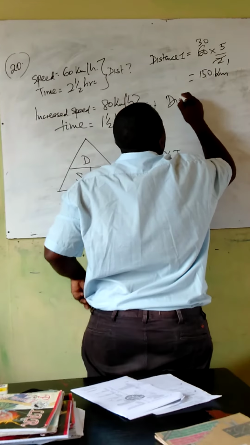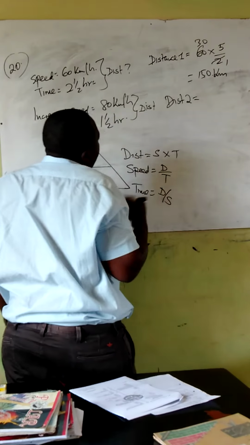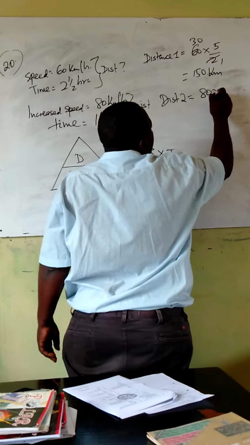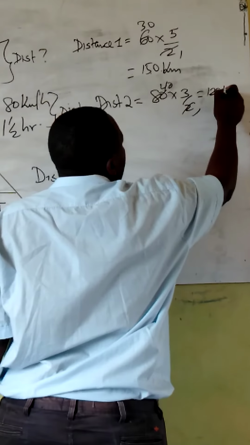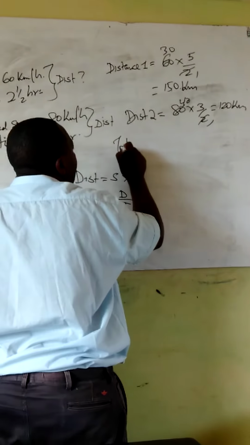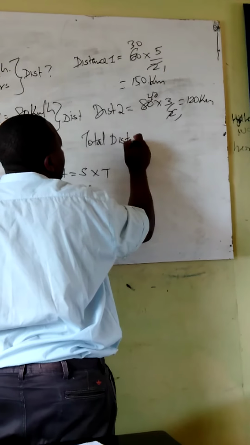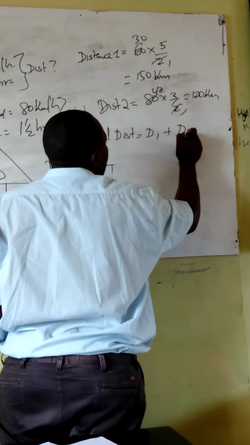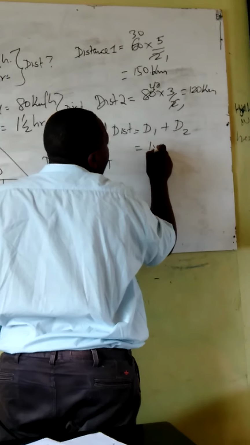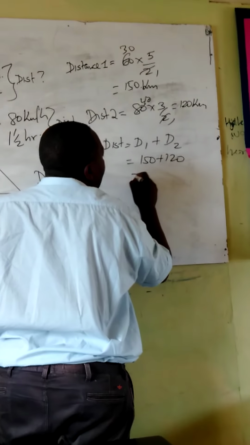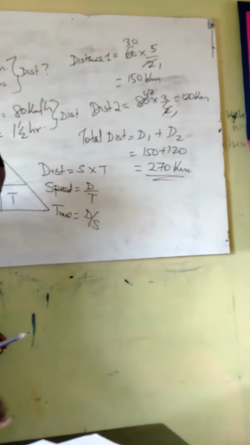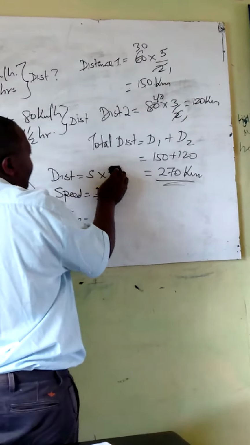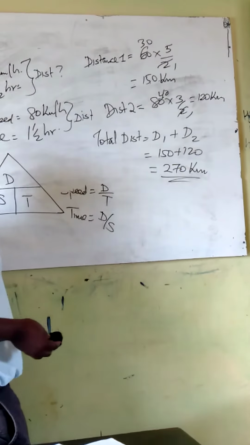Then distance 2, still speed times time, is 80 times this one, you make it into an improper fraction, 3/2, and this is going to give you 120 kilometers. So the total distance will be distance 1 plus distance 2, which will be 150 plus 120 to give us a total distance of 270 kilometers. So the total distance that he covered is 270 kilometers.